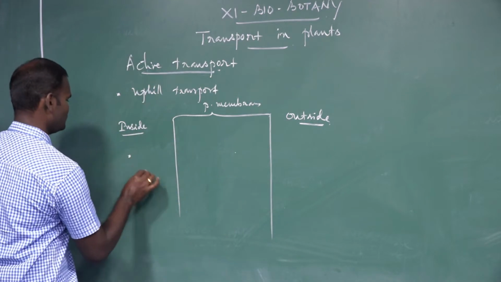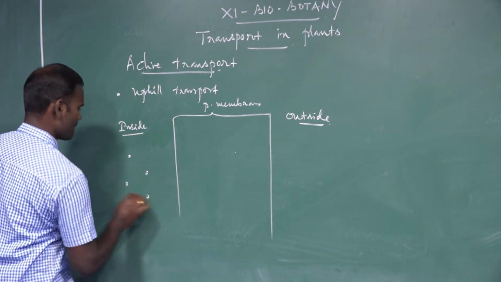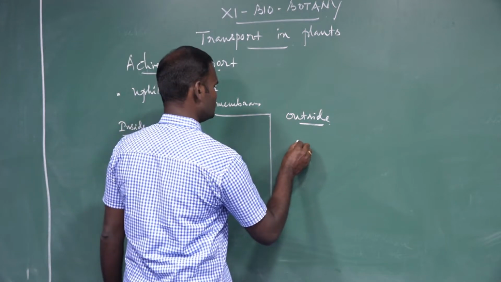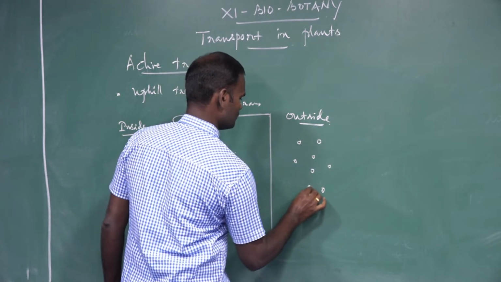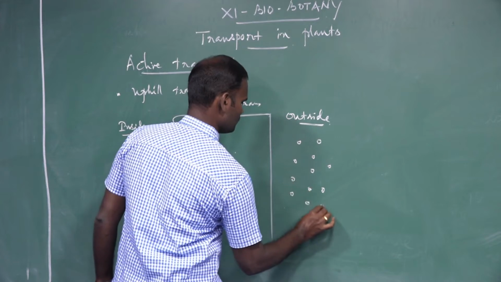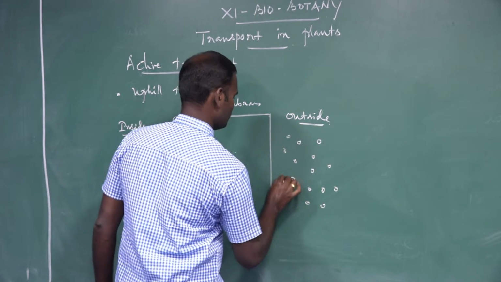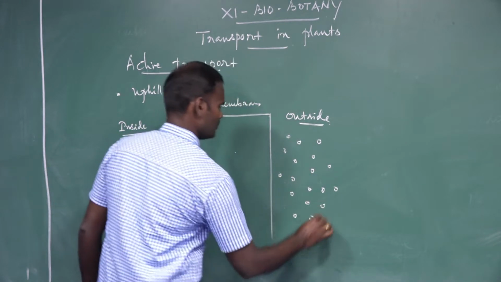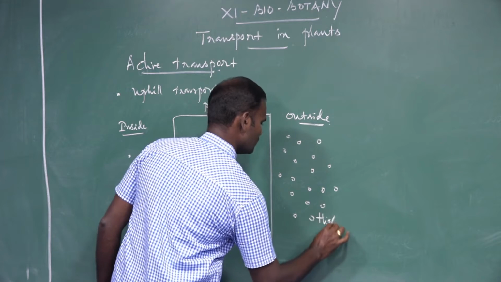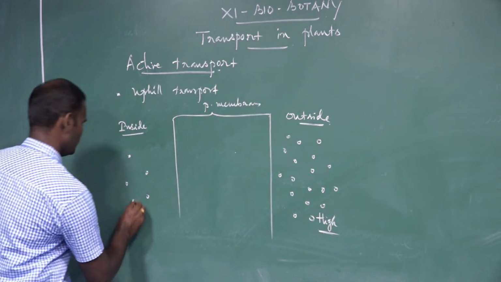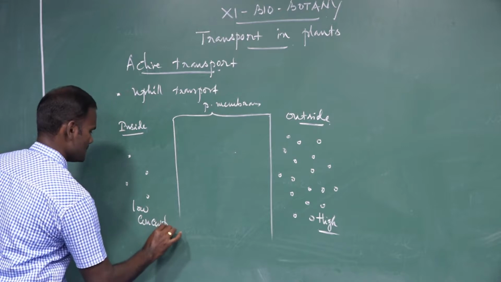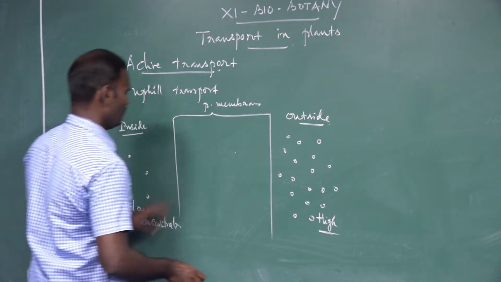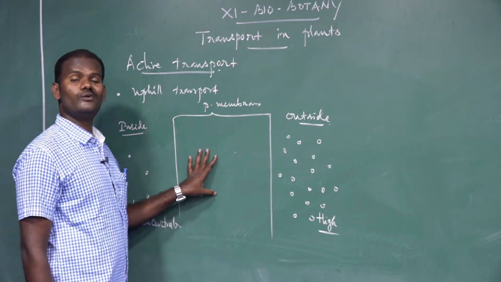Inside the cell there is a low concentration, and outside the cell there is a higher concentration, with the help of certain transport proteins.